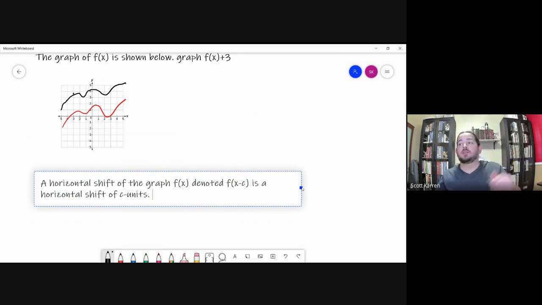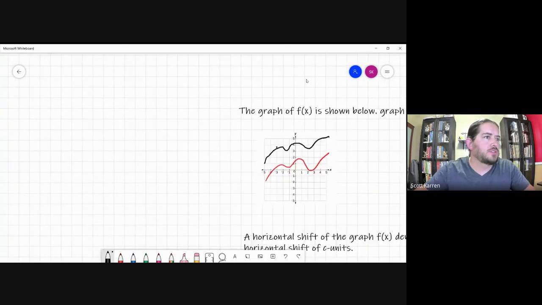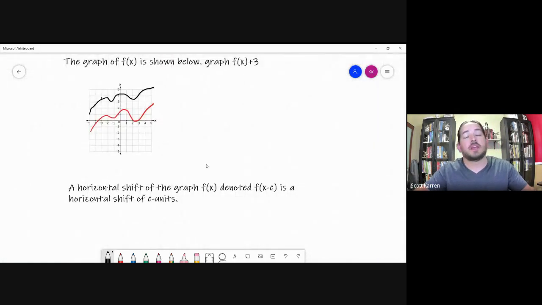Now you notice that there's an x minus c here, whereas in the vertical shift, it's f of x plus c, and you move up or down based on c. But here it's x minus c. So you're going to move to the right if you have x minus some number, but if you have x plus some number, you're going to move to the left. So it kind of goes opposite the sign when you're doing a horizontal shift.